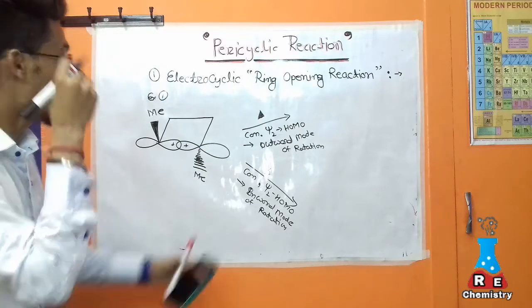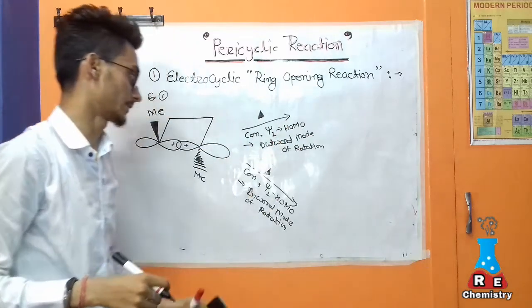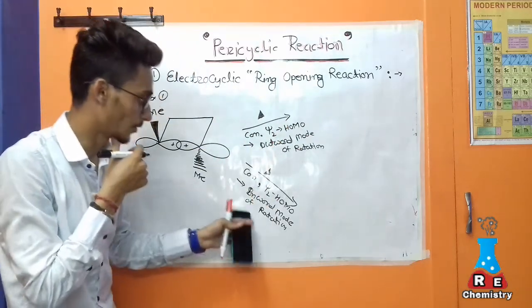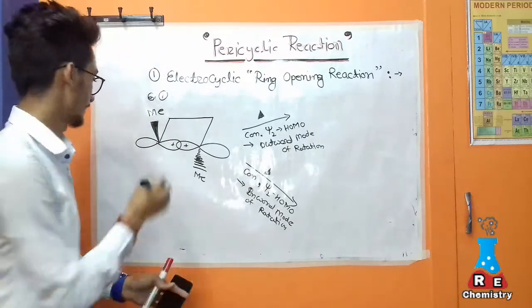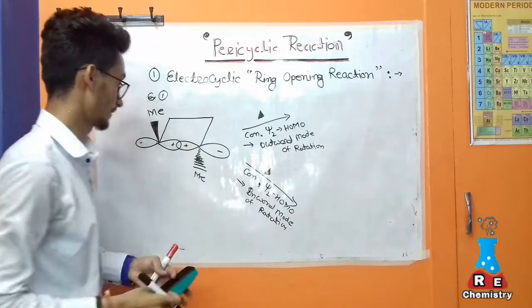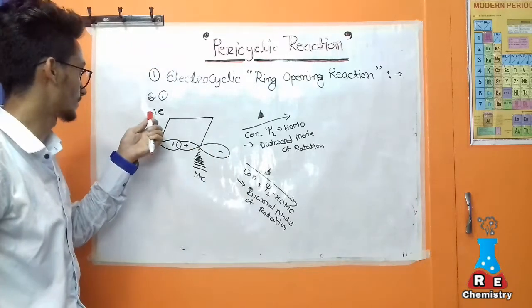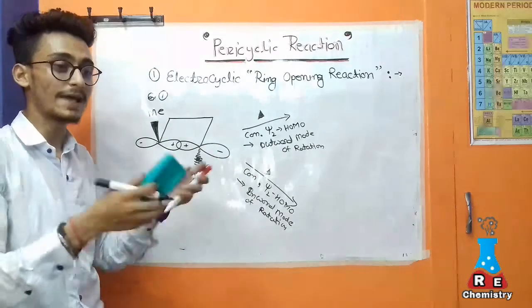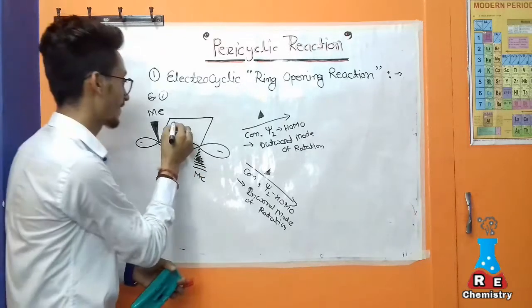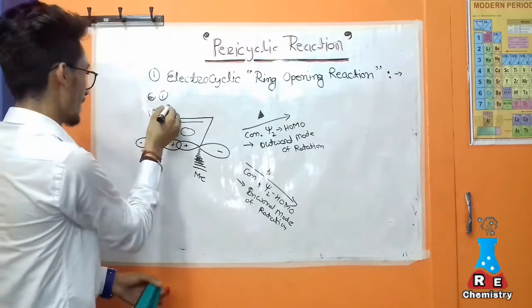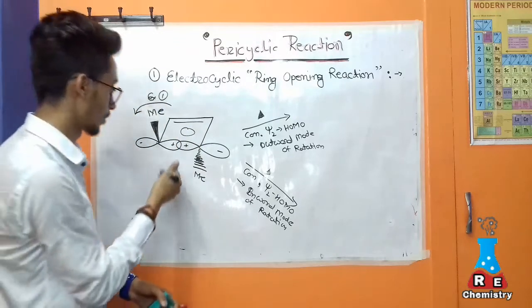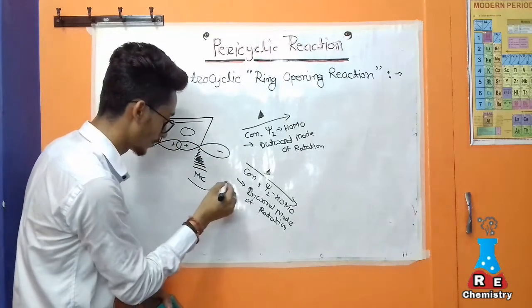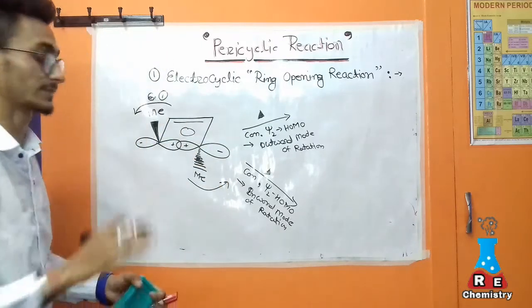So outward mode of rotations, and inward mode of rotations. Outward mode of rotation means the substituent groups migrate away from the cavity. So if this methyl group rotates anti-clockwise, this one also rotates anti-clockwise.